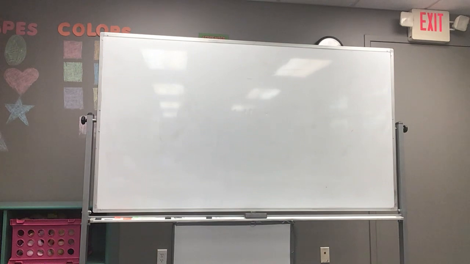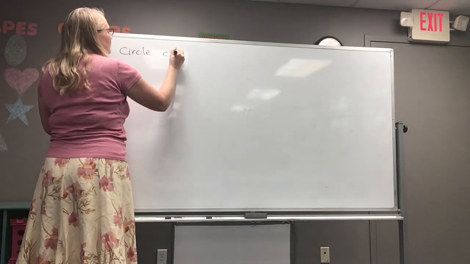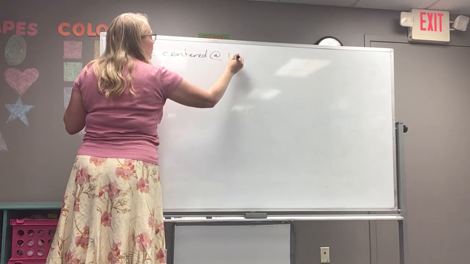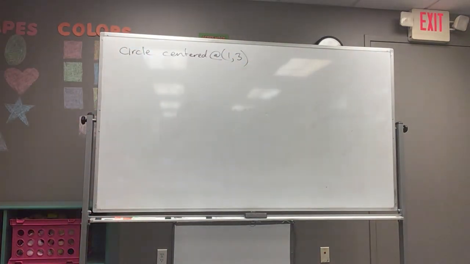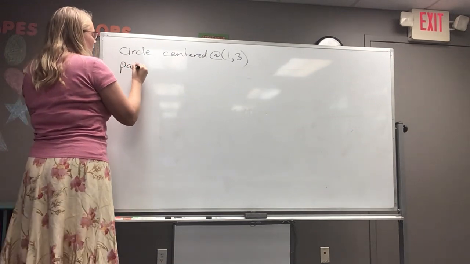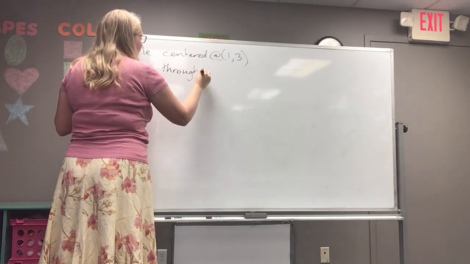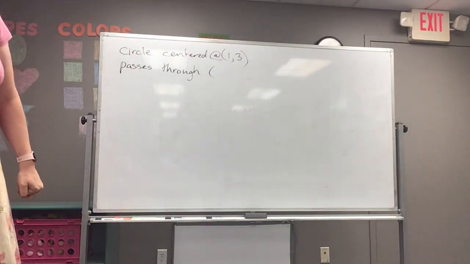So again, standard XY coordinate plane, circle centered at 1, 3. So we have a non-origin centered circle. Passes through the point 4, 7.